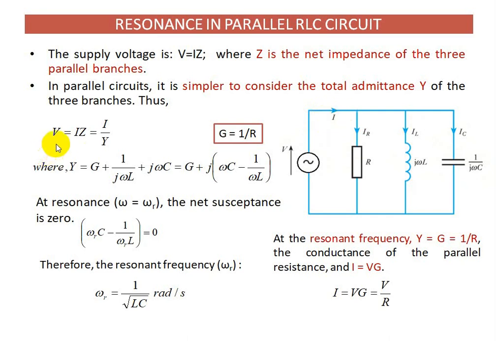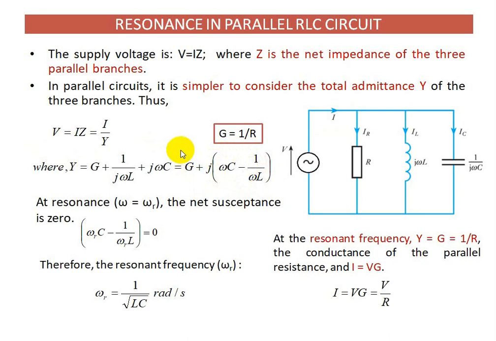Here we will write the equation for admittance, and from the equation of admittance, if we equate the susceptance to 0, we can get the resonant frequency. Try to understand that in parallel RLC circuits, the total susceptance will be 0.